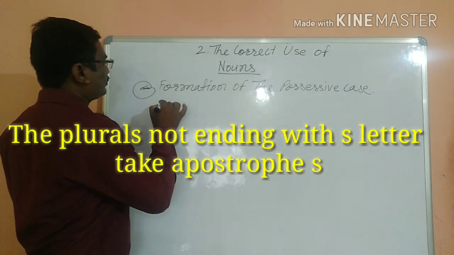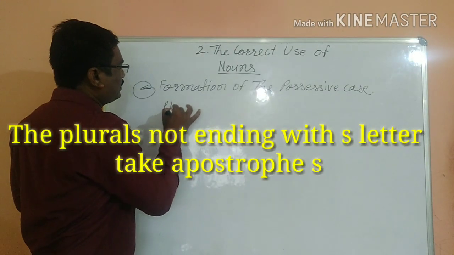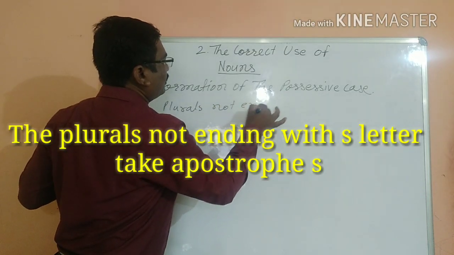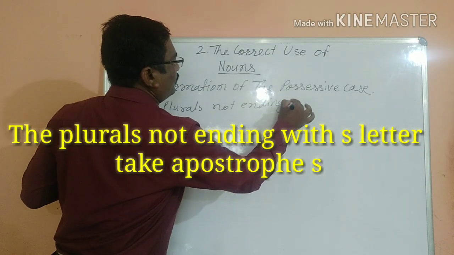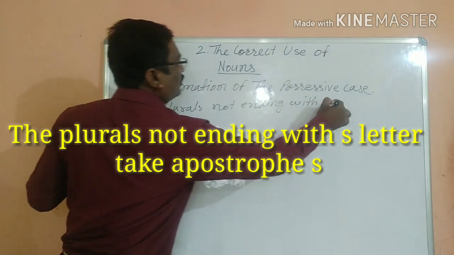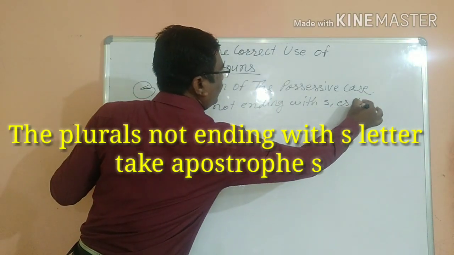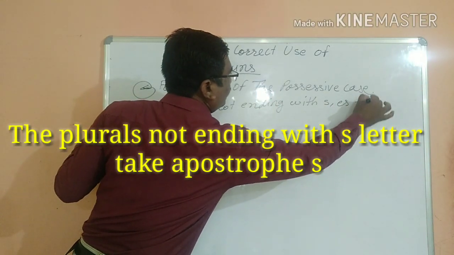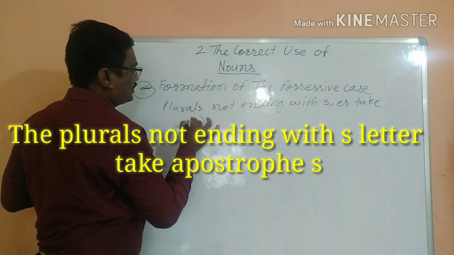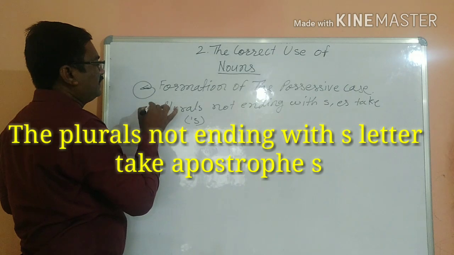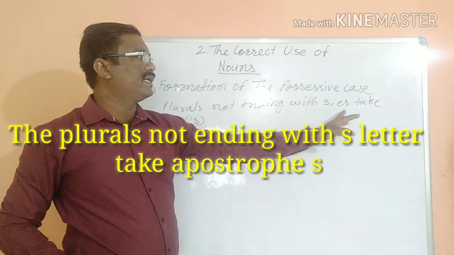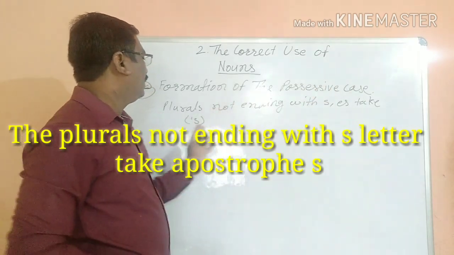For example, plurals not ending with s or es take apostrophe s. For possession, if any plurals are not ending in the letter s or es, they will take apostrophe s.